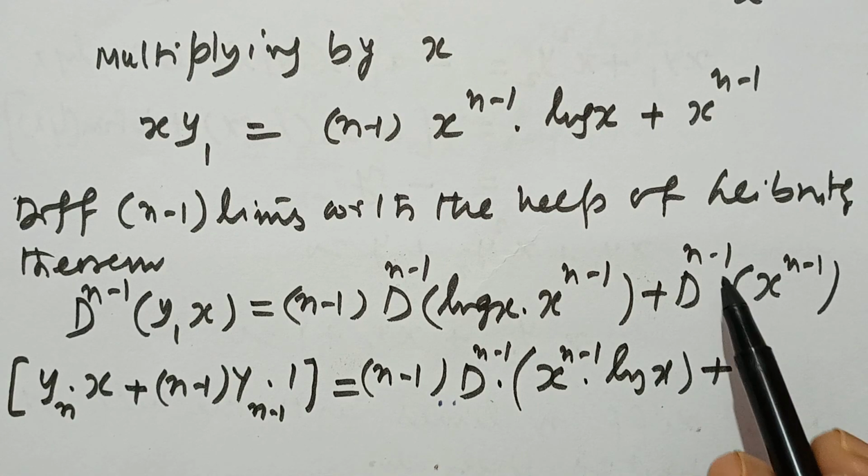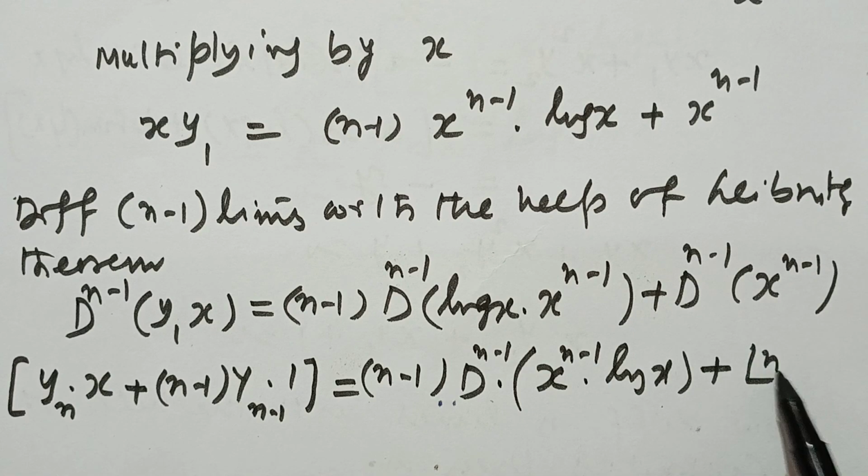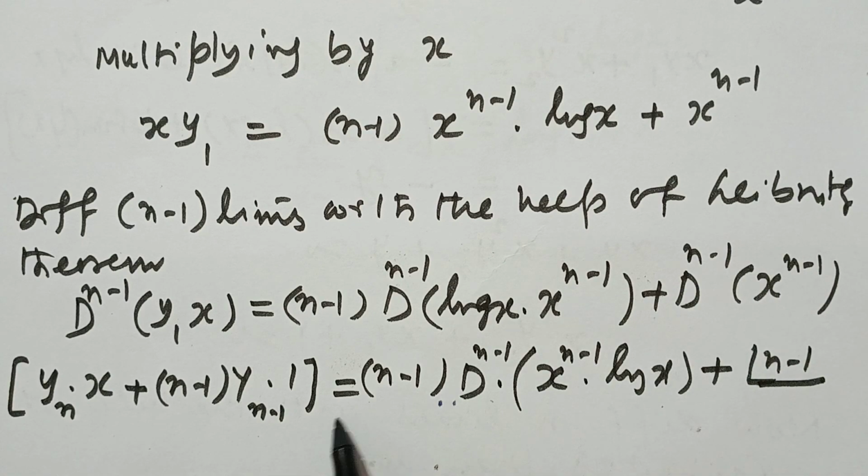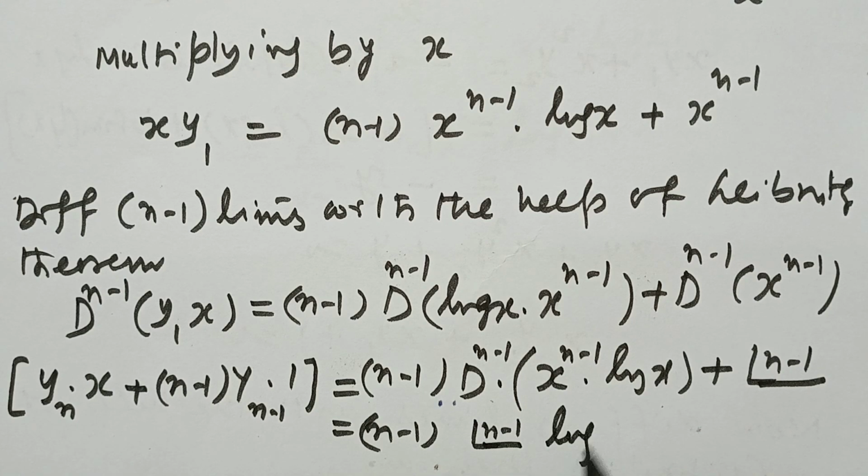In place of n we put n minus 1, so we will write here factorial n minus 1. Now this is n minus 1 first function, n times means n minus 1 times, so this is factorial n minus 1, and this is as it is.